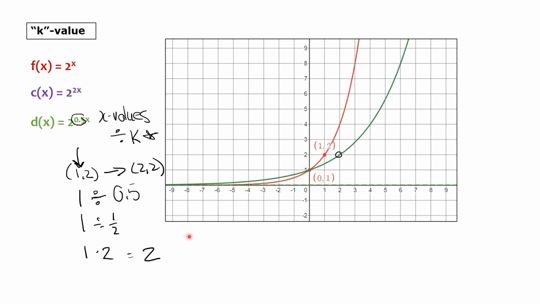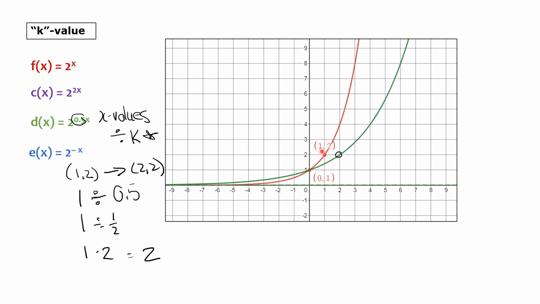Okay, let's do another one of those. What if we have e to the x, and there's a negative now. I have a k value that's just a -1. There's no number, which means an invisible 1, so it's a -1.